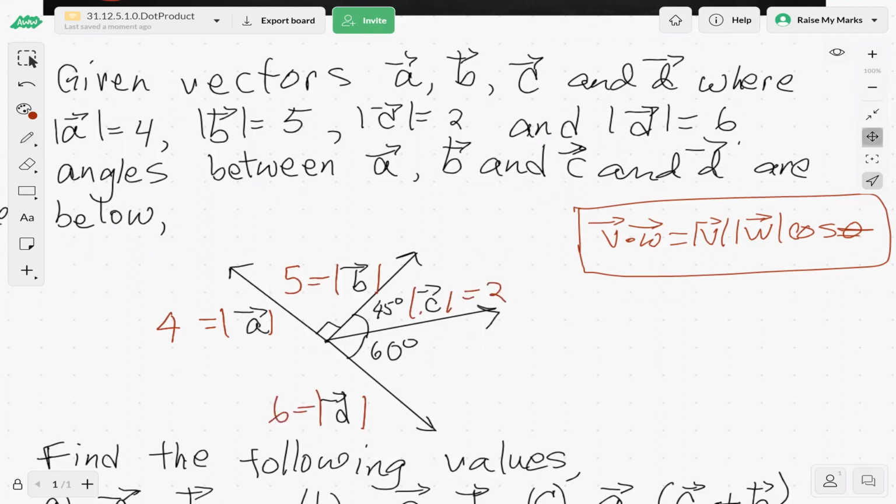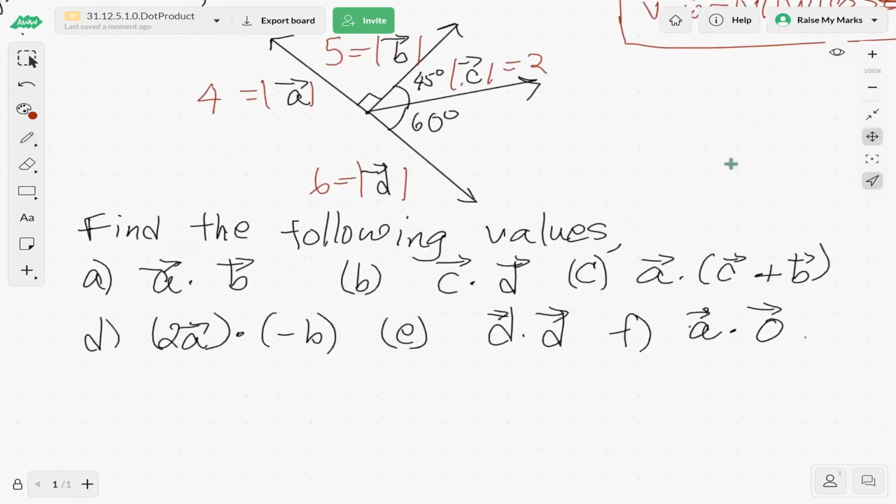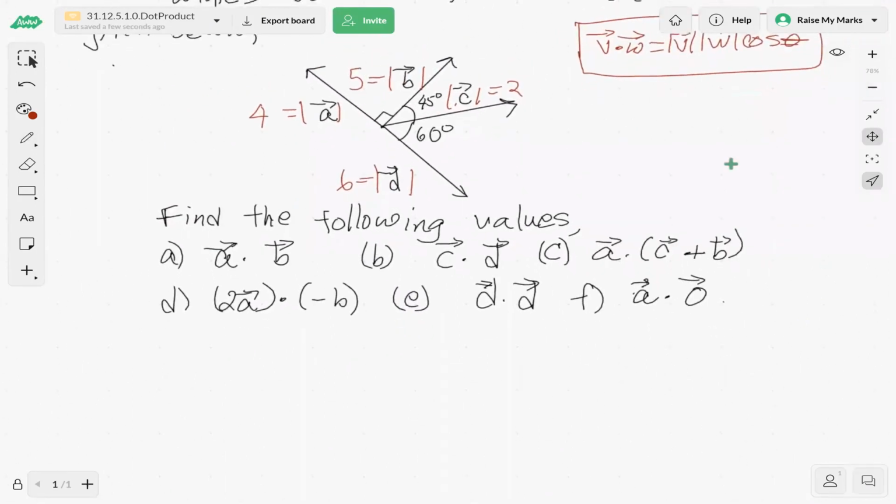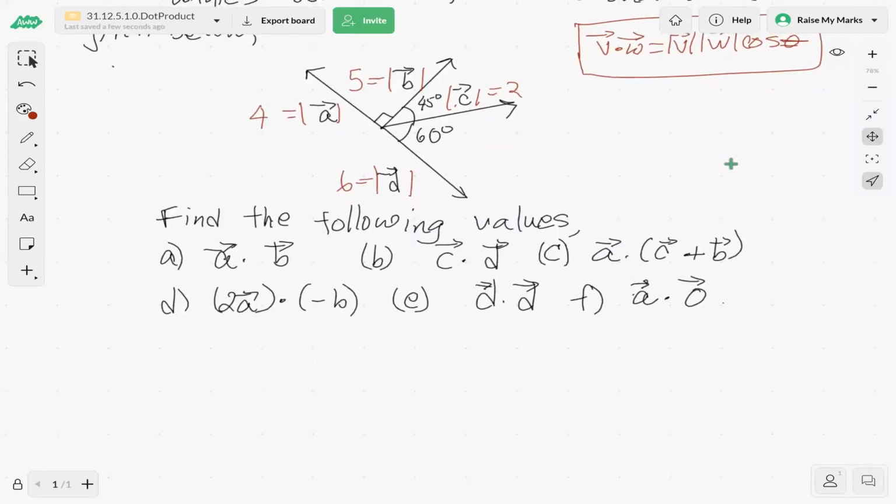All right, so now let's scroll down and do some work. Find the following values. Let's make this a little smaller so we can get the definition of the dot product up there as well.